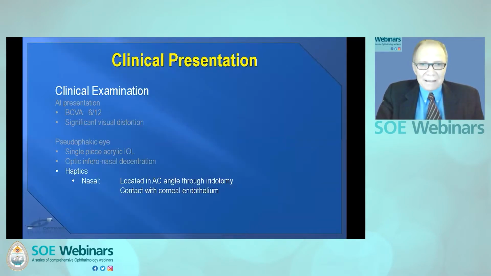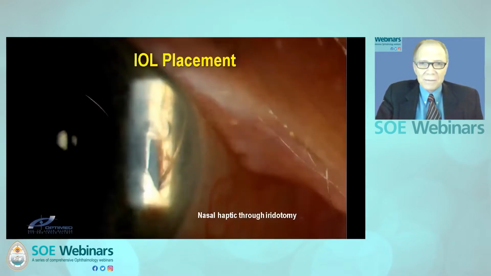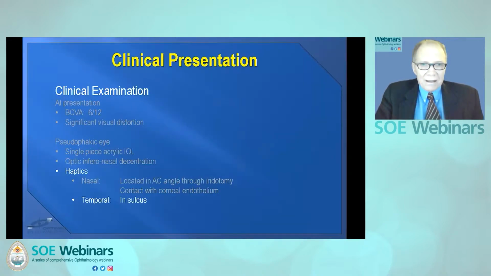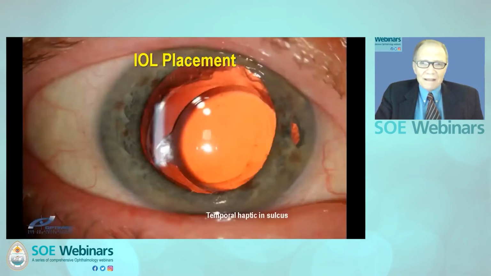The haptic on the nasal side was located in the anterior chamber through a nasal iridotomy, as can be seen here. The haptic was also located within the angle, and it also touched the endothelium. The temporal haptic was located in the sulcus.